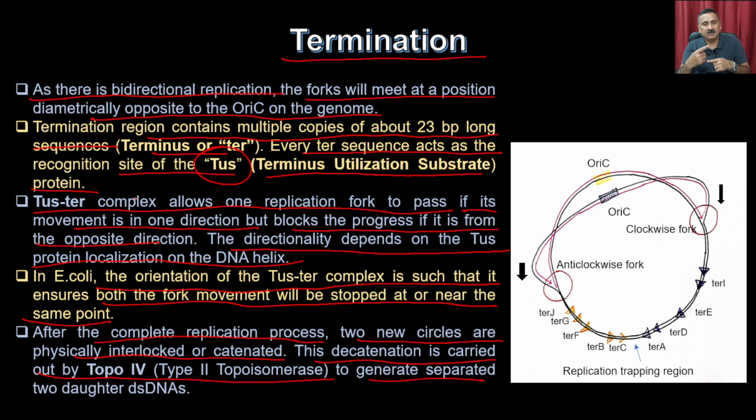The TUS and the TER form a complex allowing only one replication fork to pass. But if two replication forks reach that particular point and try to bypass, then it is going to halt the replication.